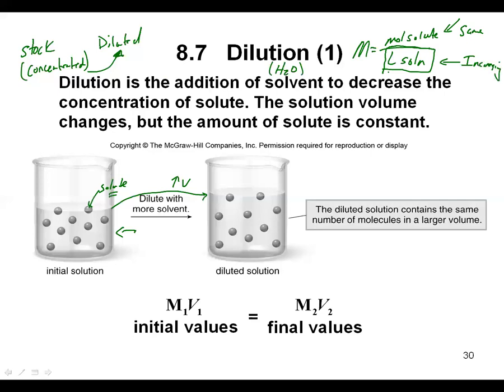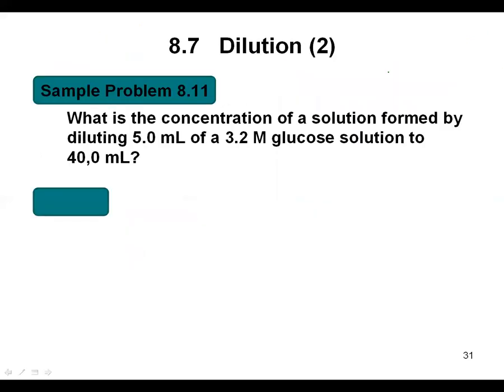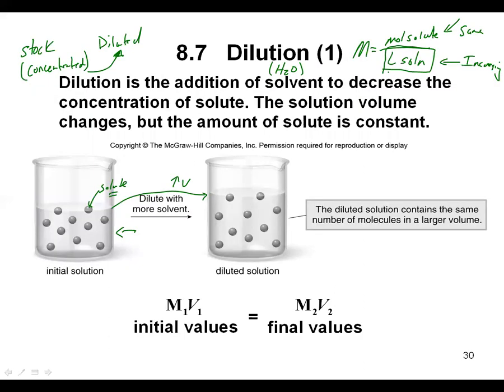And if you increase the bottom part, you're basically going to take a small number divided by a larger number. And what's going to happen to your molarity is it's going to go down in a dilution. Again, because the bottom number here gets larger, which means the overall molarity will get smaller.